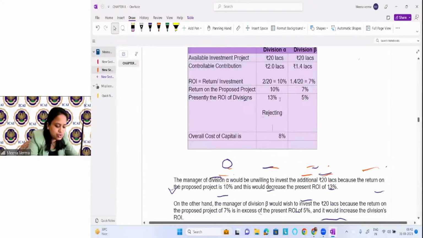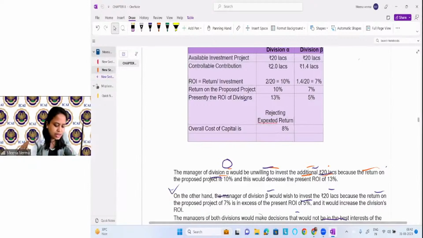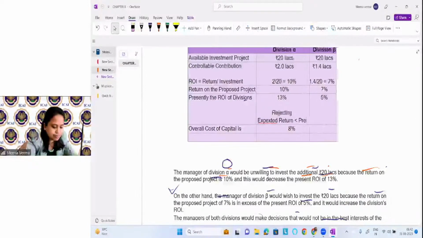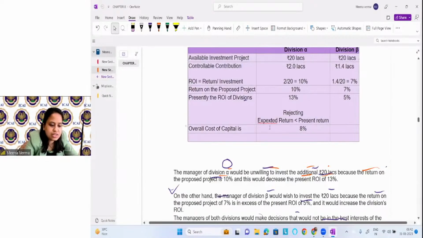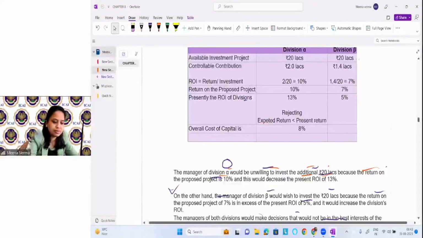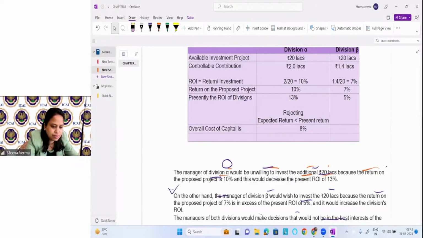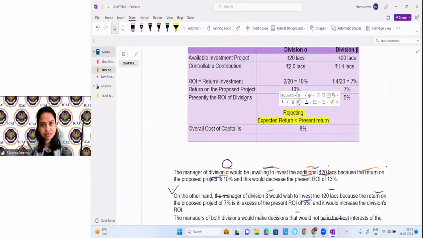Because the future or expected return is less than the present return. Because of this reason, they are saying that the expected return is less than the present return. So for that reason, the manager is rejecting this.